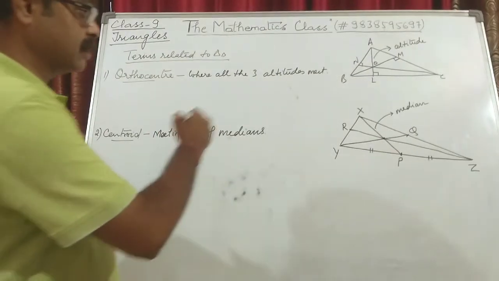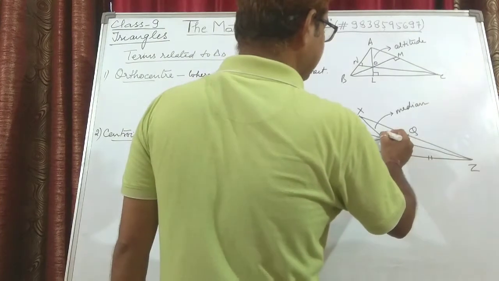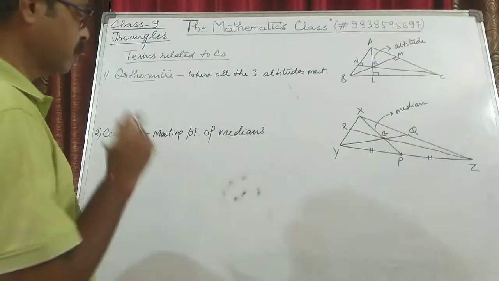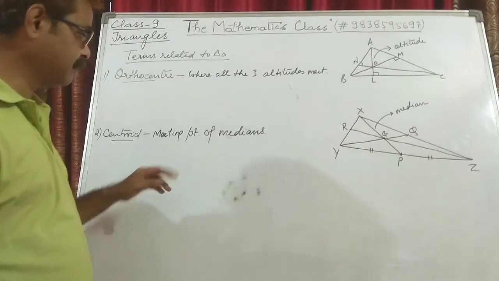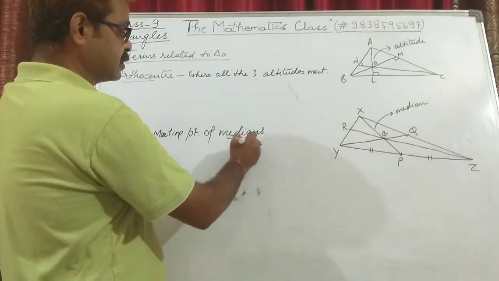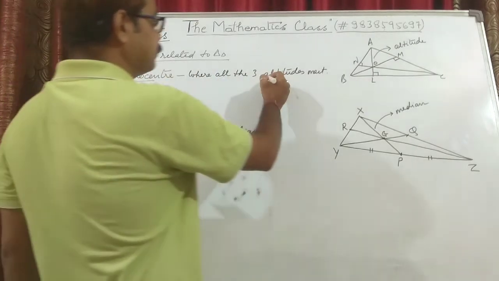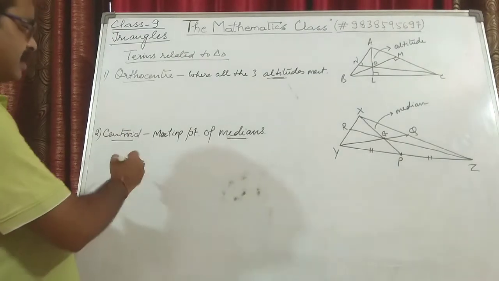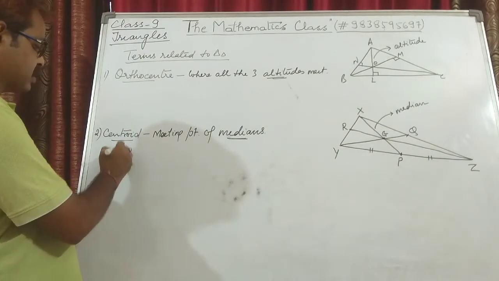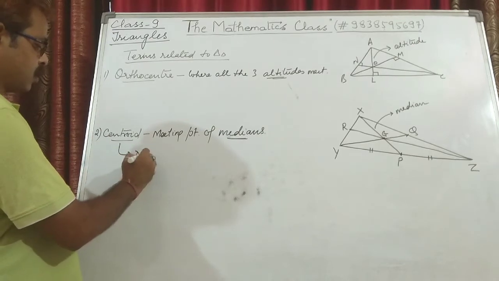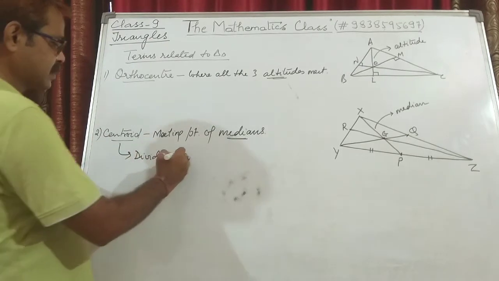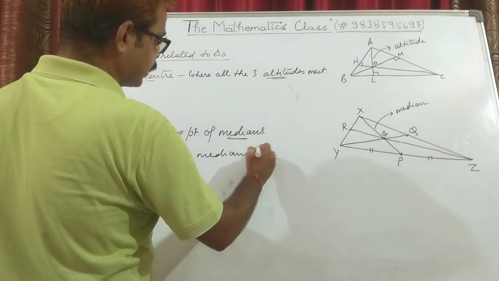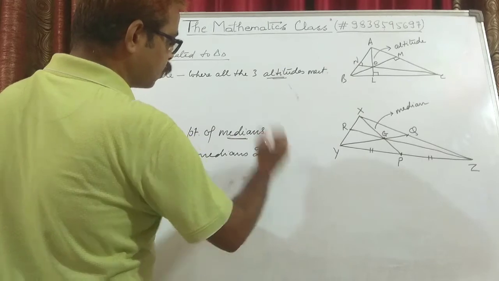The centroid is represented by capital G. Now, a triangle always has three medians and also three altitudes. One more point: this centroid G always divides the medians in the ratio of 2:1.